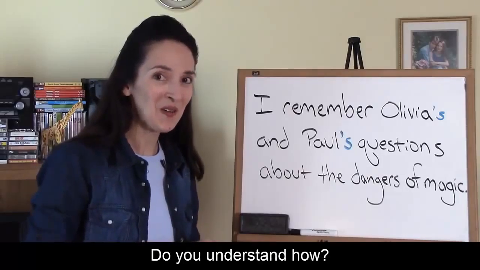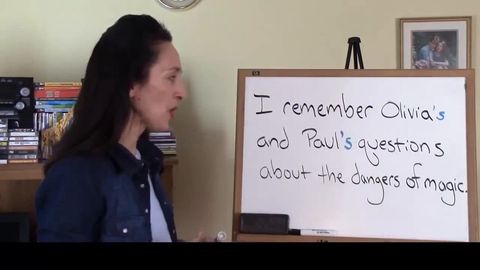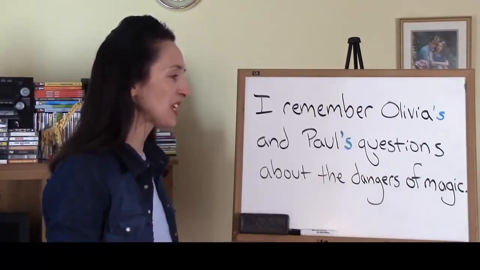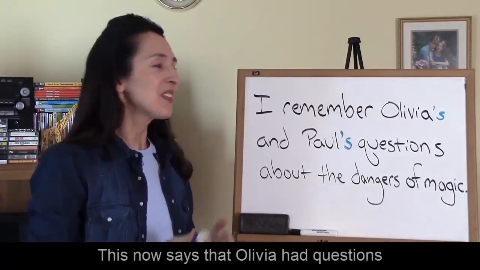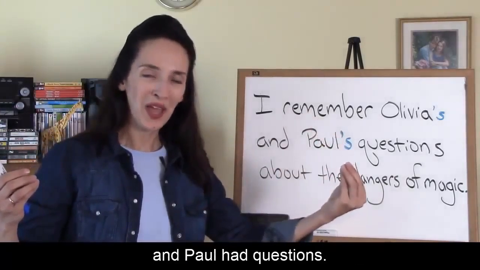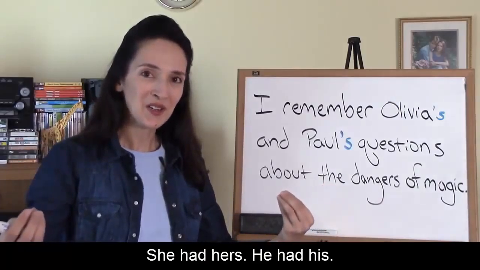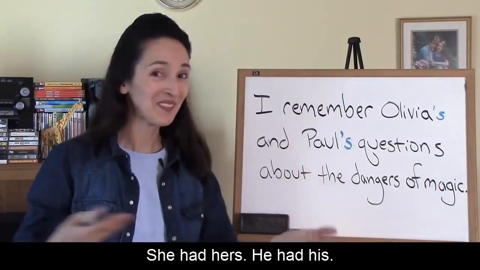Do you understand how? I remember Olivia's and Paul's questions about the dangers of magic. This now says that Olivia had questions and Paul had questions. They were different. She had hers, he had his.